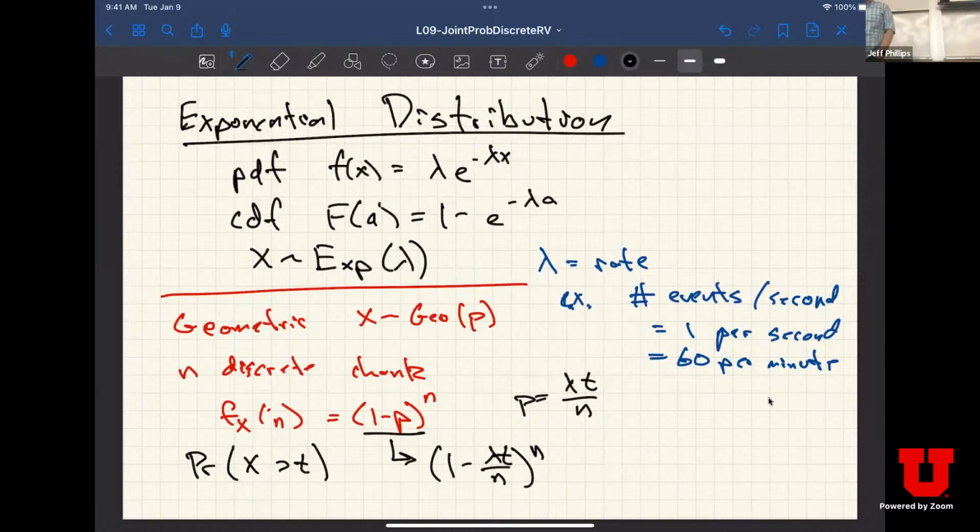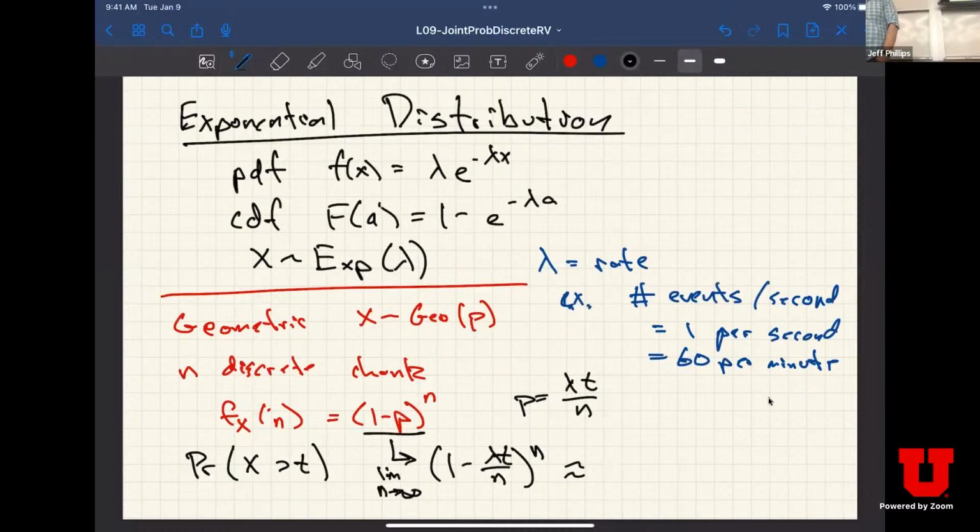And as I take the limit as n goes to infinity, I keep the rate of things happening roughly the same, but I make the size of the chunk smaller and smaller.